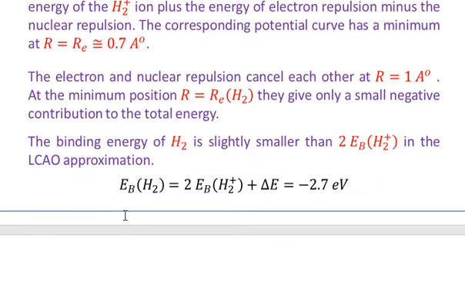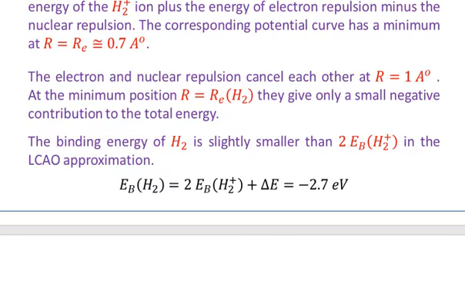So I have written that the binding energy of the hydrogen molecule is equal to 2 times the binding energy of the hydrogen singly ionized molecule plus delta E. And the combined energy of these two is equal to minus 2.7 electron volt.